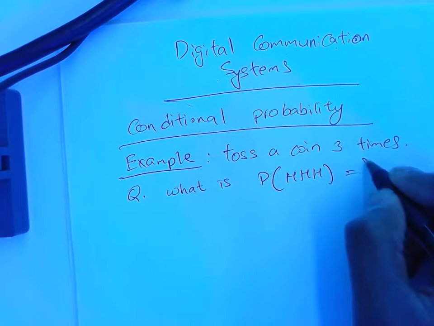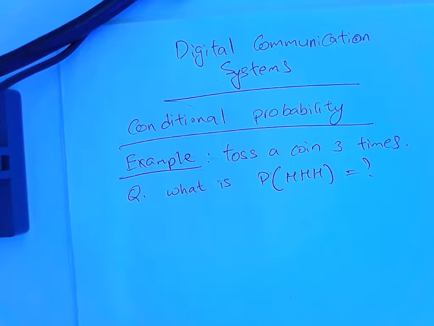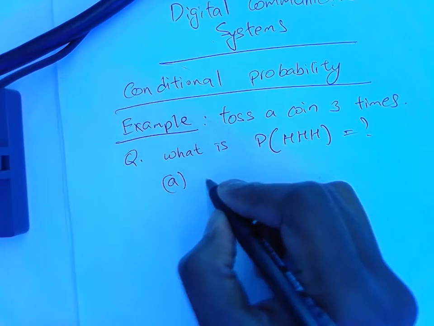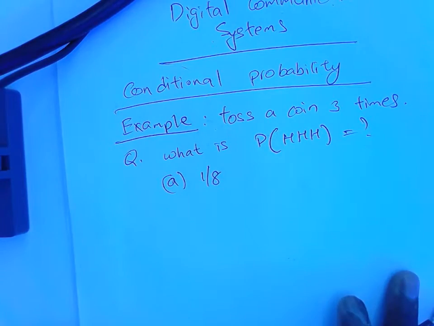What would you say? Okay, let's see, I have 1 answer, 1/8. Any other options? Any other answers? Okay, I'll give you a few more moments to think about it.